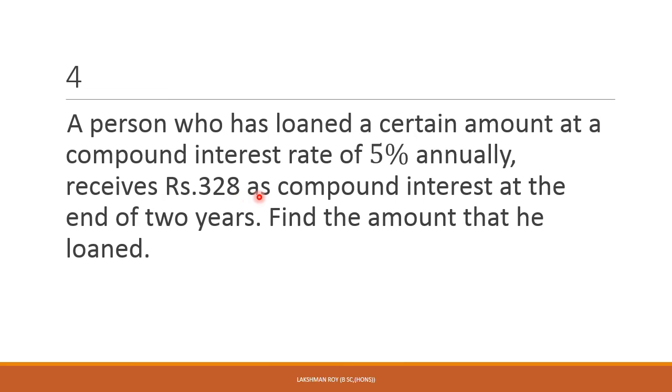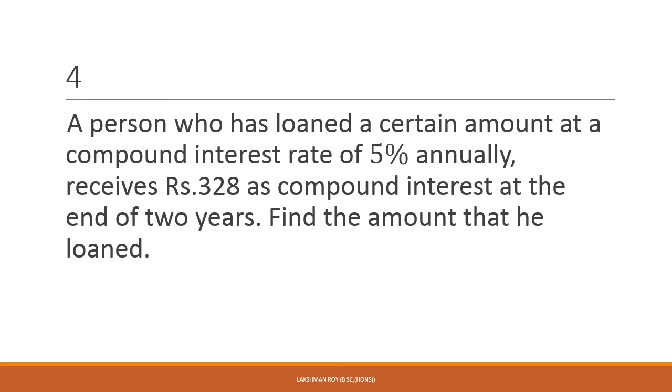So as interest, at the end of 2 years, he received 328 rupees. So what do we want to find? Find the amount that he loaned, right? So what is the loan amount he took from that institute? So I'm going to explain how to solve that one.